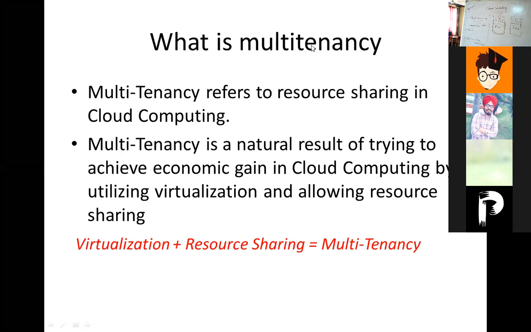But if there are three rooms and they are given to three different people, that concept is called multi-tenancy. And that is what we are doing in cloud computing to earn more, because there will be three customers, and the three customers will help us in generating the revenue related to the cloud computing market. So that is the basic concept.